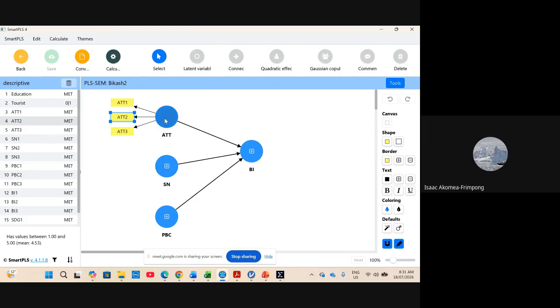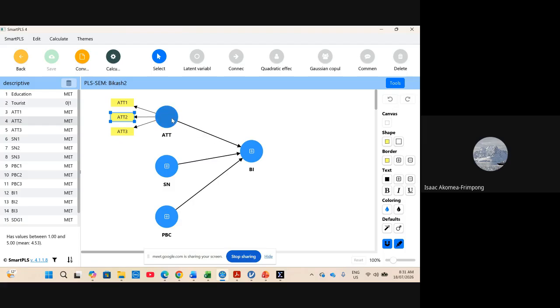And all these latent constructs, let's assume they are all formative. Remember when I started with you, I taught you what we call the formative indicators, and then the reflective indicators.